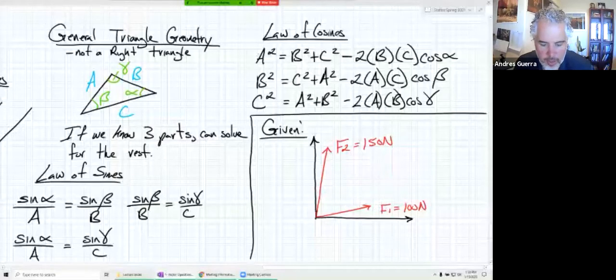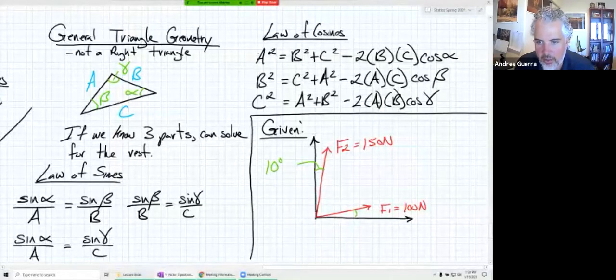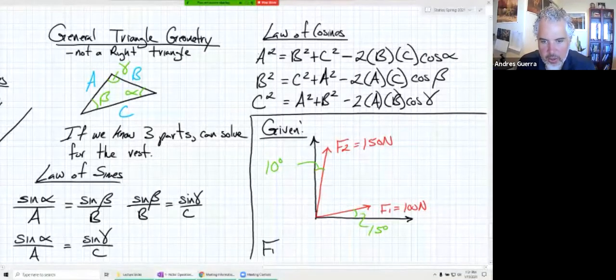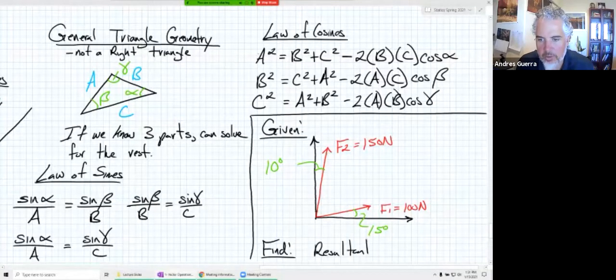Thank you, Sean. Okay, so then they gave us these angles here. They told us this angle right here is 10 degrees, and this angle right here is equal to 15 degrees. What they want us to find for this problem is the resultant force vector.